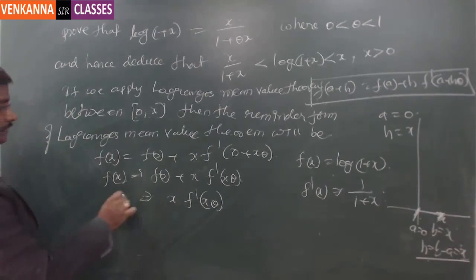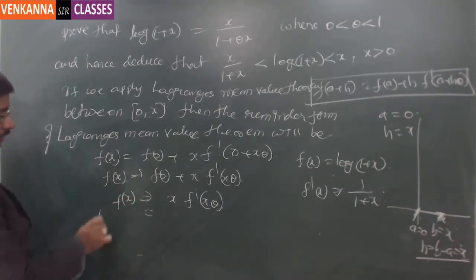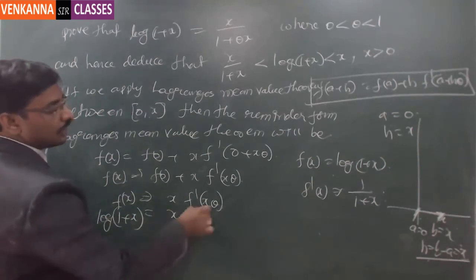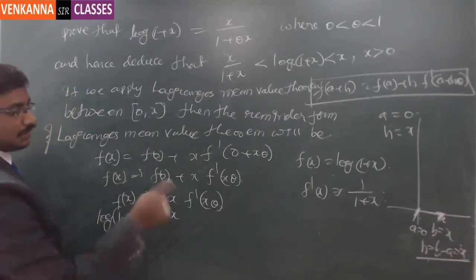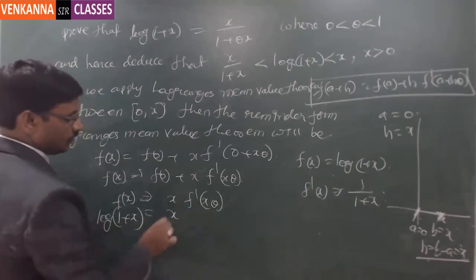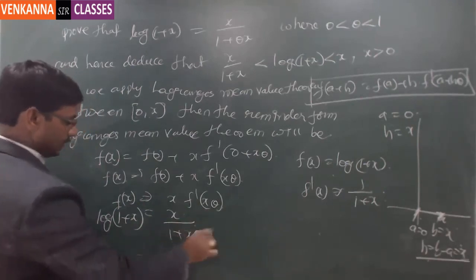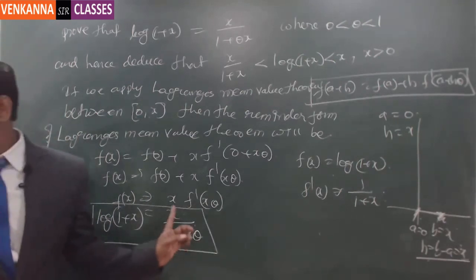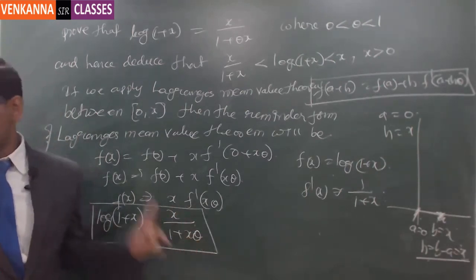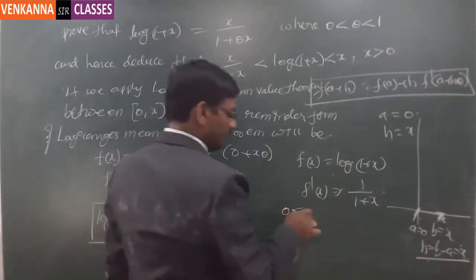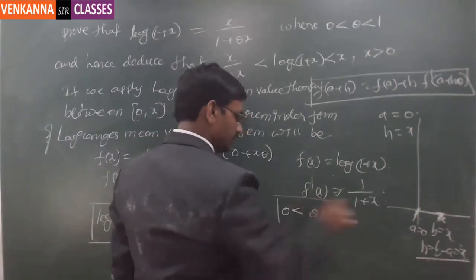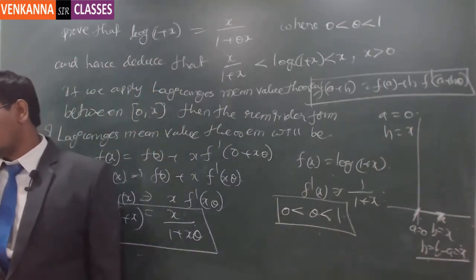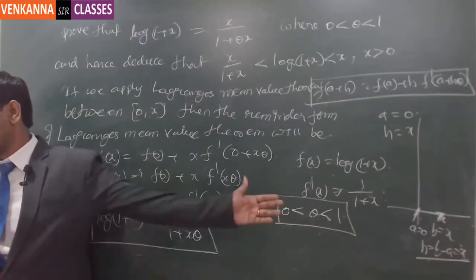So it implies f of x is equal to log of 1 plus x is equal to x into f dash of x theta, which is 1 by 1 plus x theta, which implies that log 1 plus x can be expressed as x by 1 plus x theta, where 0 < theta < 1. So this is as per Lagrange's mean value theorem in theta format, right? I hope you are aware of it.